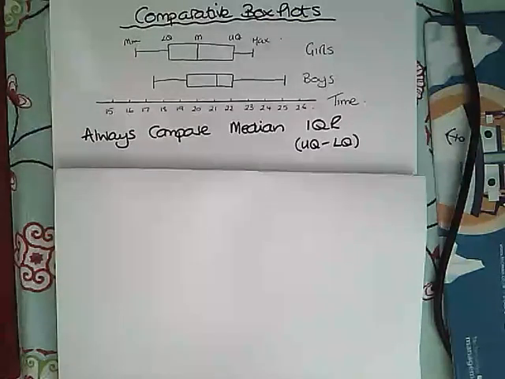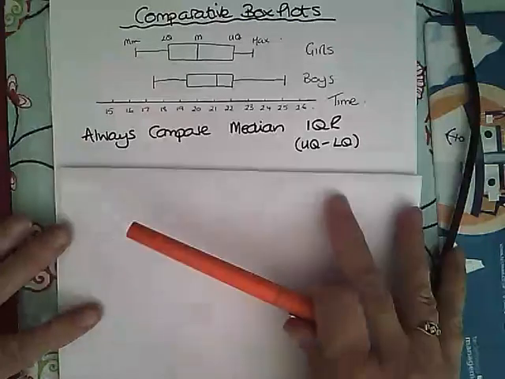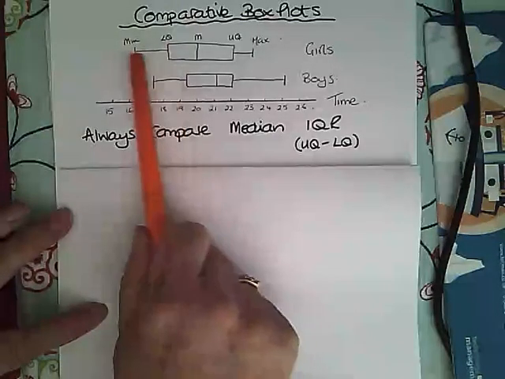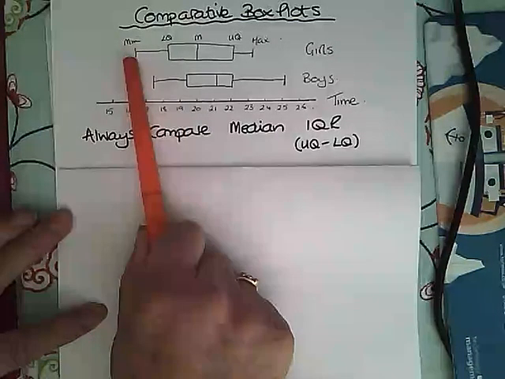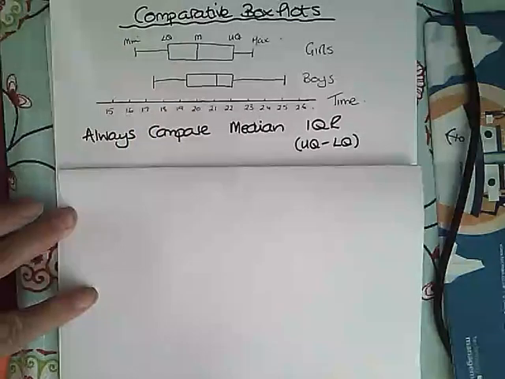So we have here two box plots, and these box plots have been drawn as a result of some data we had about the amount of time it took some girls to solve a problem and boys to solve a problem. And we drew the box plot after we had sorted out the data, and we have a minimum value here, which is the end of the whisker.